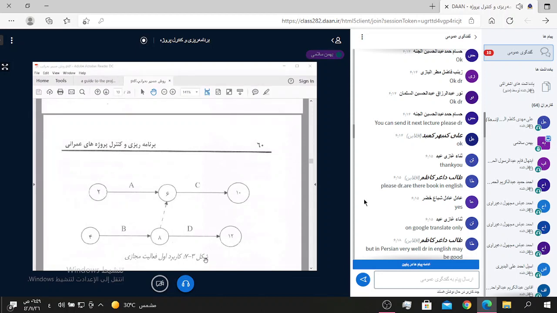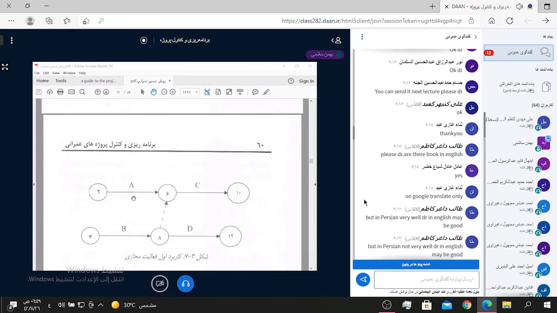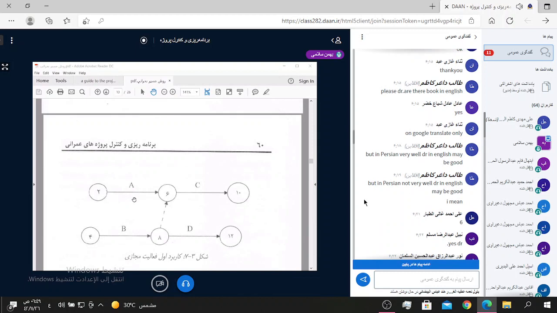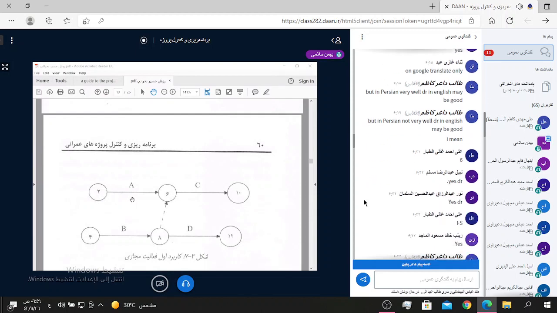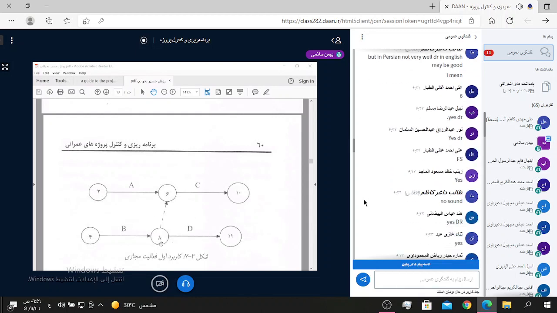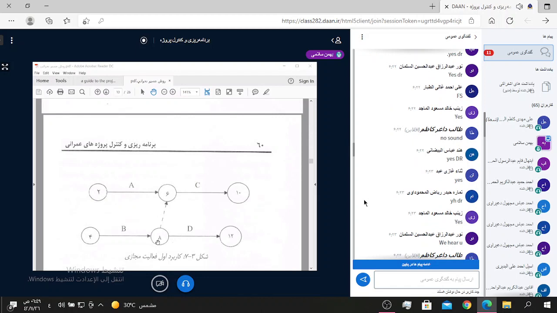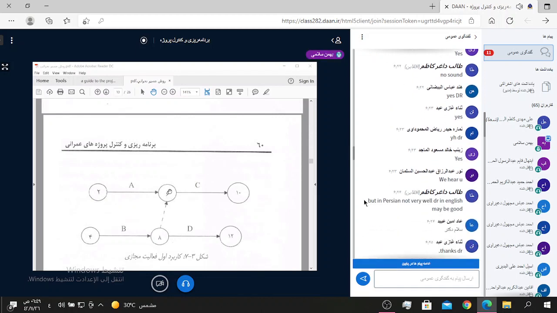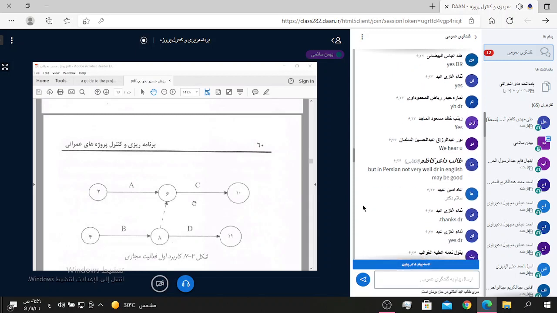Okay, as you see, in this example, we have 4 real activities and 1 dummy activity. Real activities: activity A, B, C, and D, and a dummy activity between node A and 6.